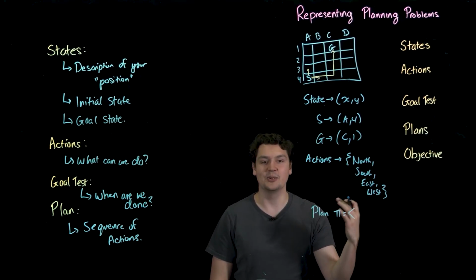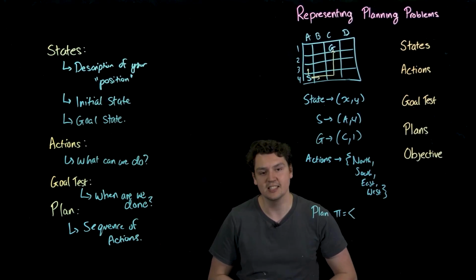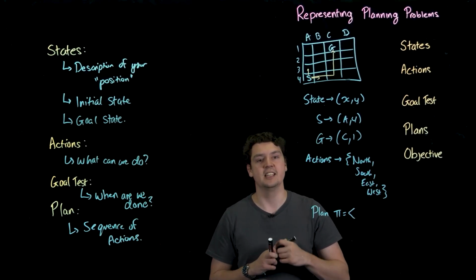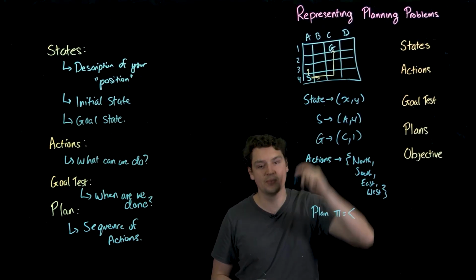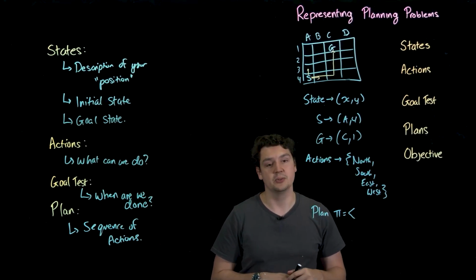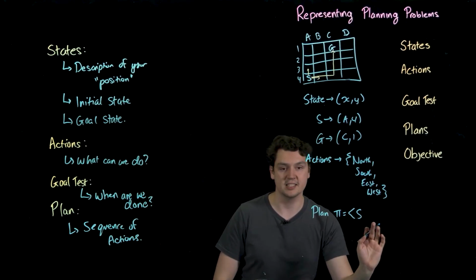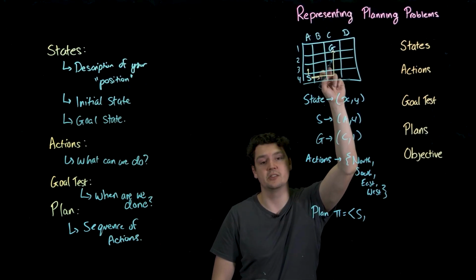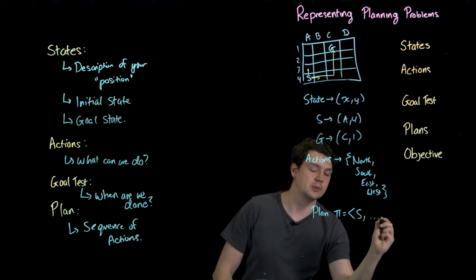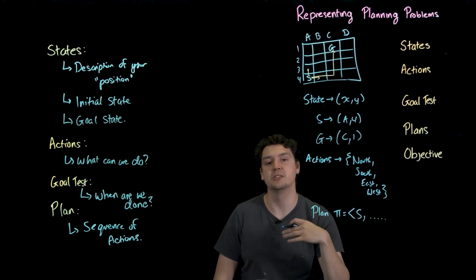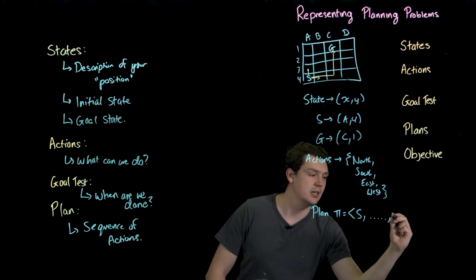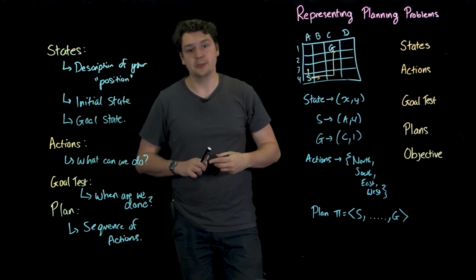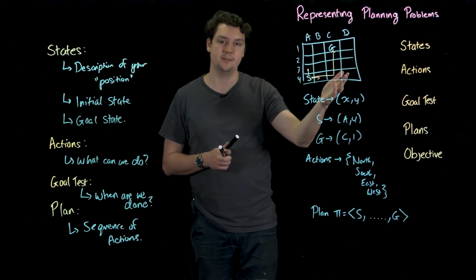A plan is going to be a sequence of actions that we can take, or alternatively, you can also write this just as the states themselves. So what I'm going to write here then is that we begin at some s, right, and then we're going to talk about the positions you move to. So it'll be some sequence of nodes, some sequence of states, these locations where we finally arrive at the goal. Okay, so that's what we're looking for. We're looking for some form of plan.